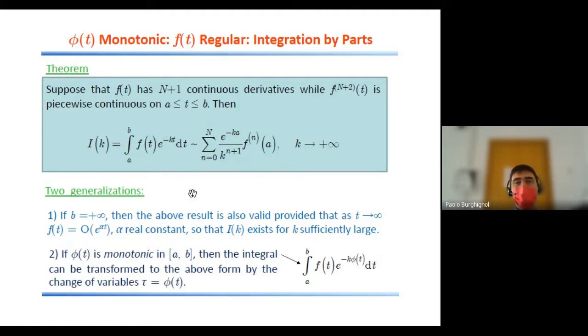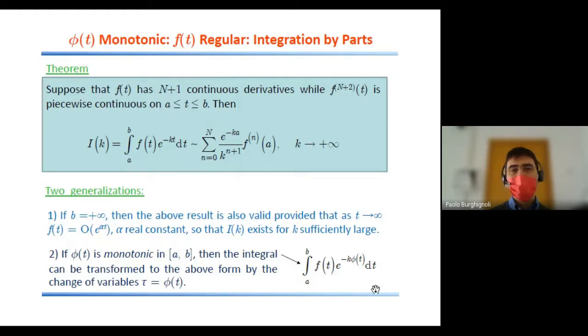The second generalization is that we can also treat the case in which, instead of having t, a function of t, so a general phi of t, in that case the integral would be, as you can see at the bottom left of this slide.